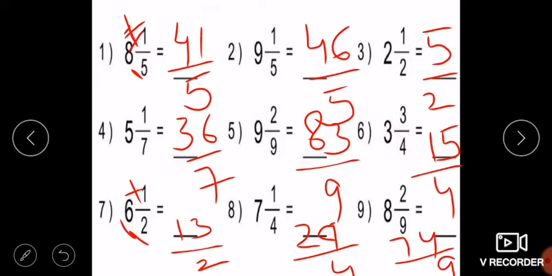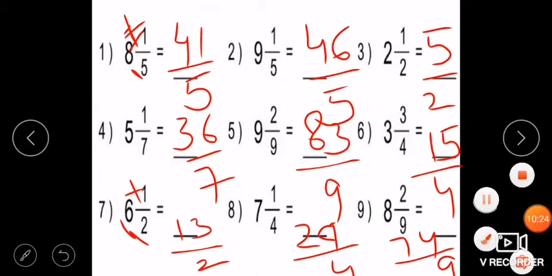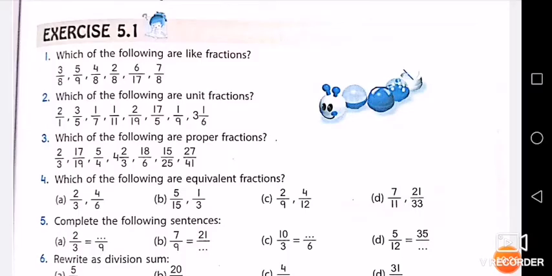Clear children? Now we will see questions from our exercise 5.1 which we started yesterday. So let's do questions related to this only from our exercise. So children, as you can see, in exercise 5.1 we have completed question number 1. Which of the following are like fractions?